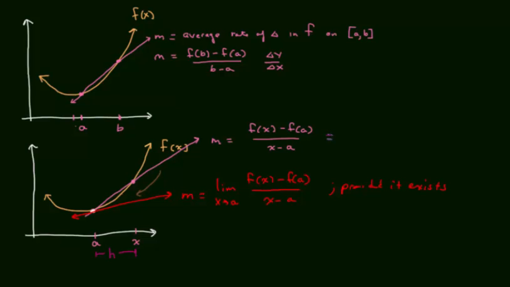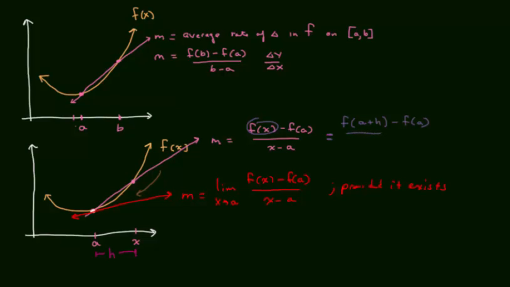Okay. So the secant line, this purple slope line, can be expressed in terms of h instead of x. So this is going to be f of a plus the change in x minus f at a. So instead of saying f of x, we're saying f of a plus h.